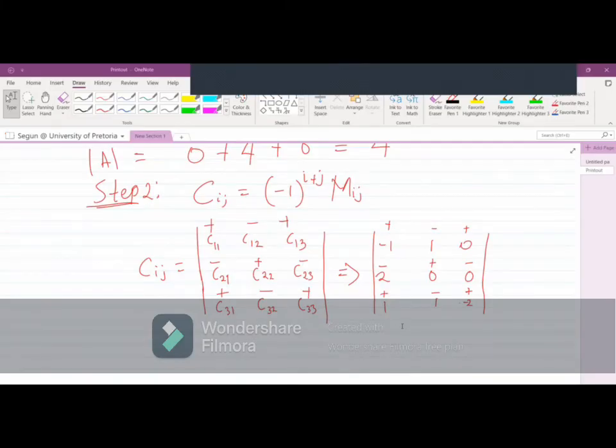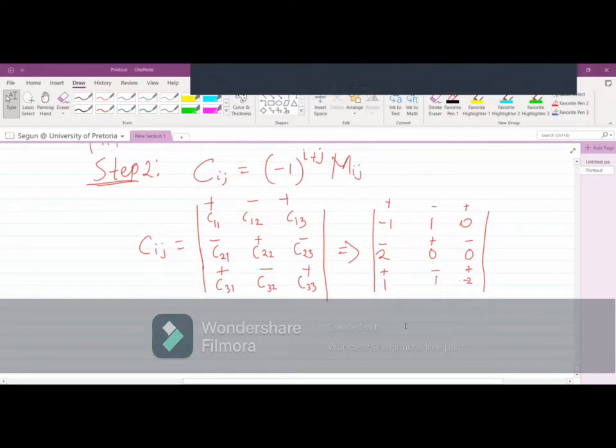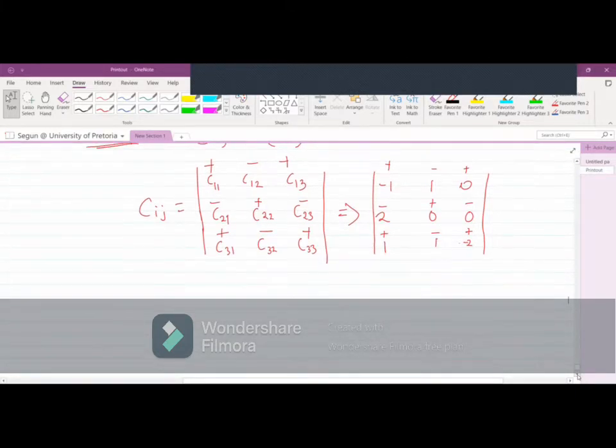So let's continue. If I want to solve the first C, for example C11, because you have to solve them one by one, C11 means I'm solving this, which is minus 1 here.